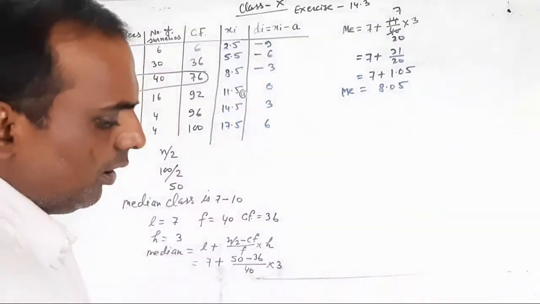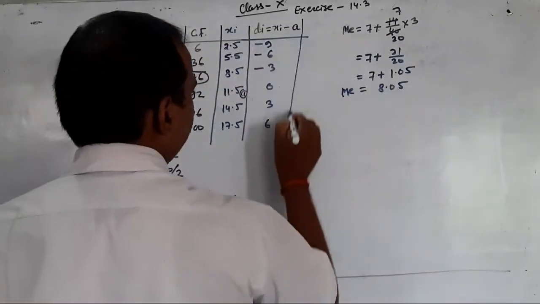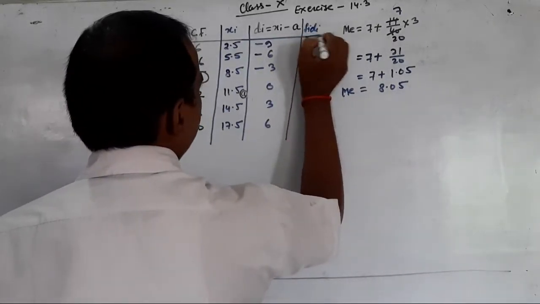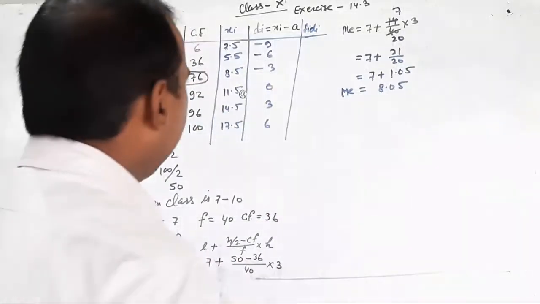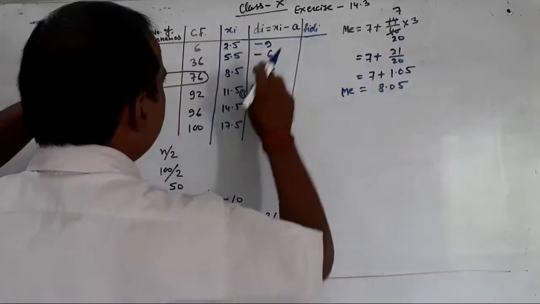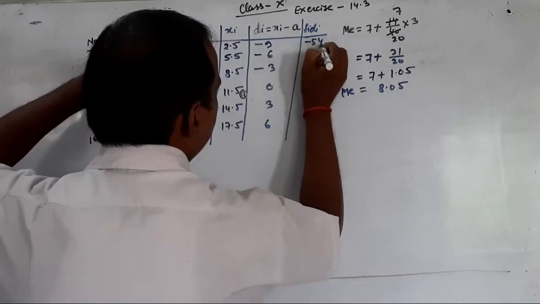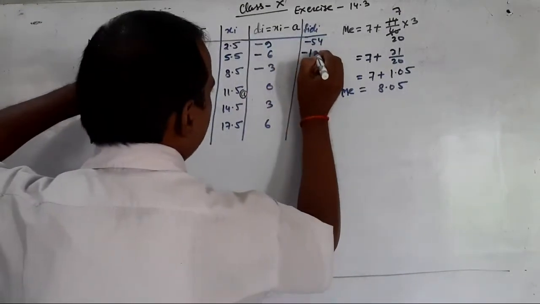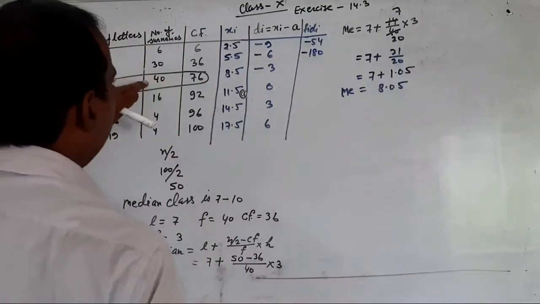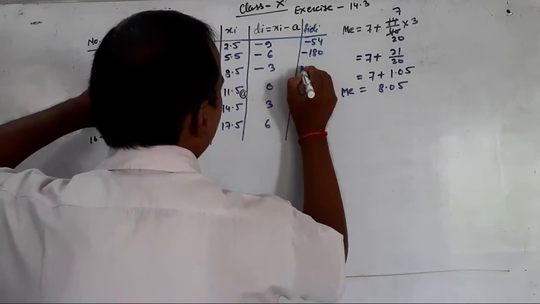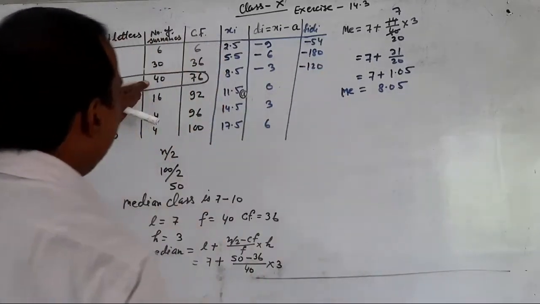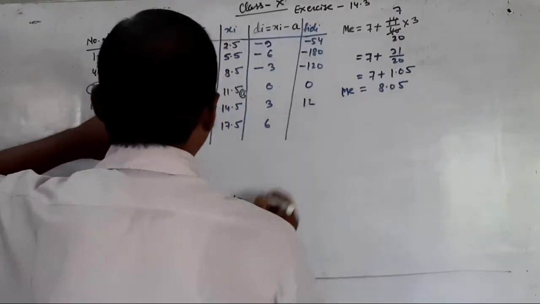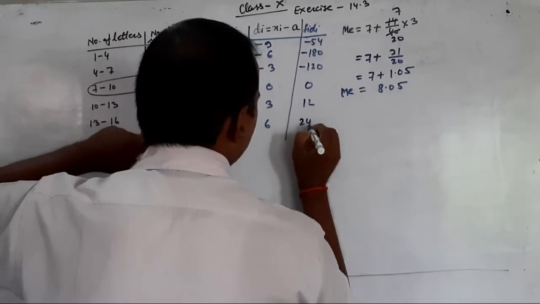Now we have to calculate fi di. Here fi di will be 6 9s are 54, it means minus 54. 30 6s are 180, minus 180, and 40 zeros are 0. 16 zeros are 0, 4 3s are 12, and 4 6s are 24.